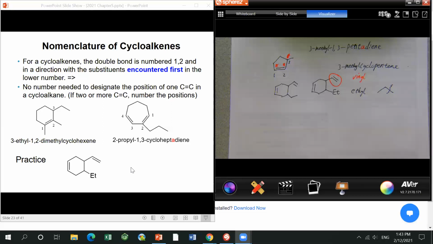All right, so also close, okay, but not exactly, okay. Keep in mind, okay, if there's only one C bond, you don't need to label location numbers, okay. All right, can anyone come up with a better one?